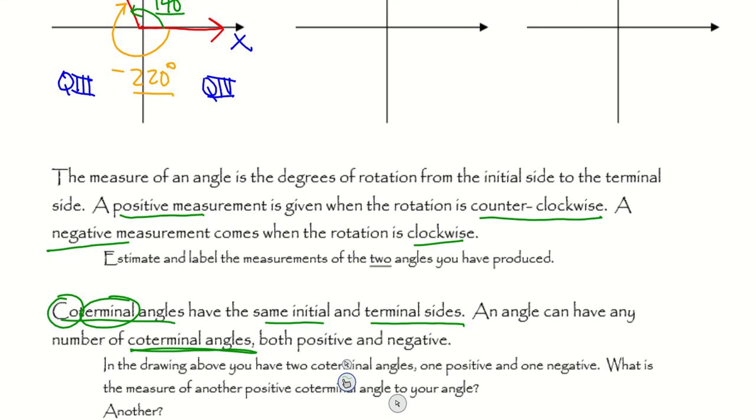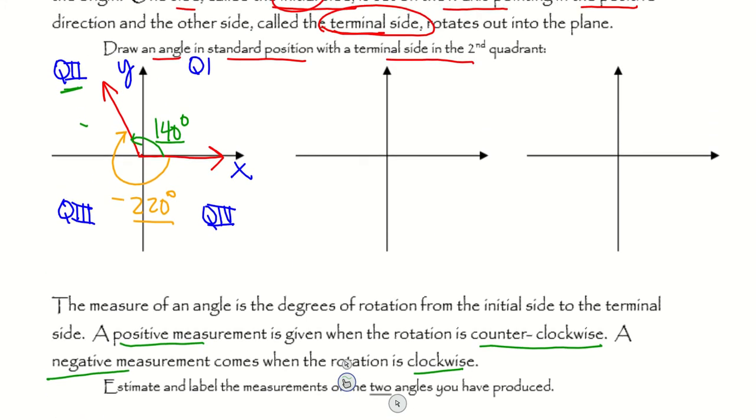So let's come back and look at this drawing. I have my angle, which is my 140 degree angle. If I take that 140 degrees, which I have rotated counterclockwise, and extend that rotation another 360 degrees, I have another angle with the same initial and terminal side.